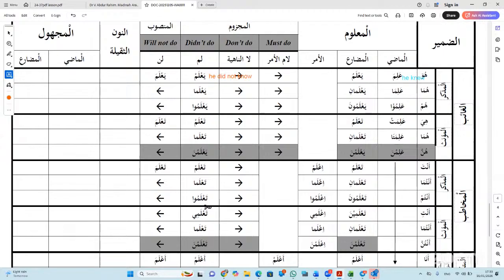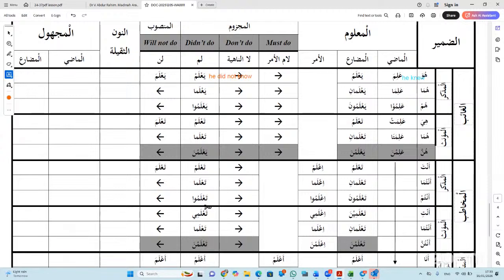Lam ya'lama. They both male did not know. Lam ya'lamu. They all male didn't know. Lam ta'lam. She did not know. Lam ta'lama. They both female didn't know. Lam ya'lamna. They all female didn't know.